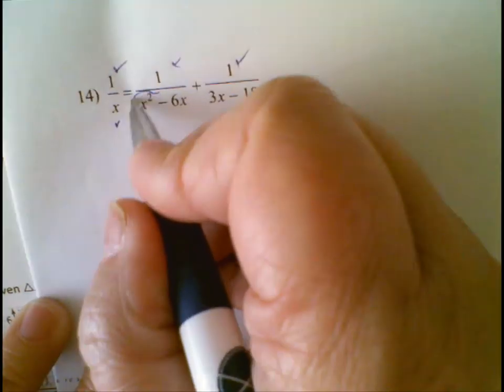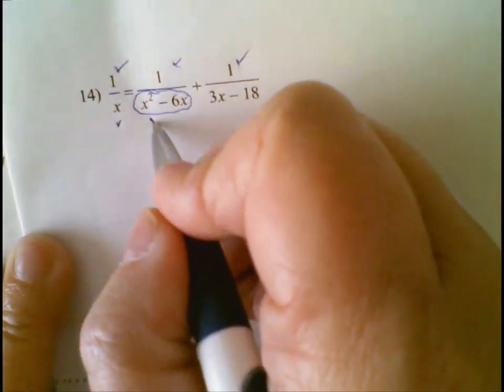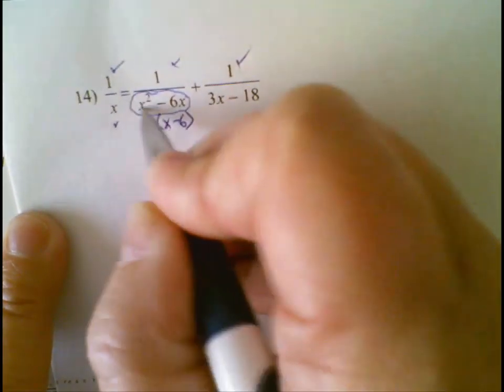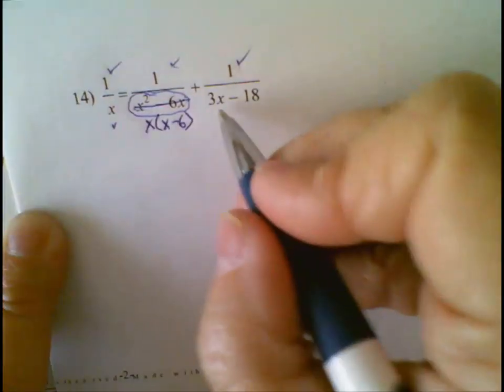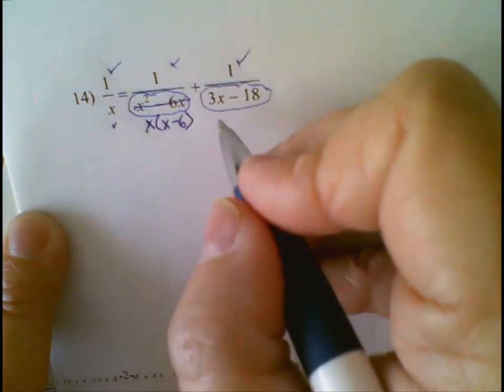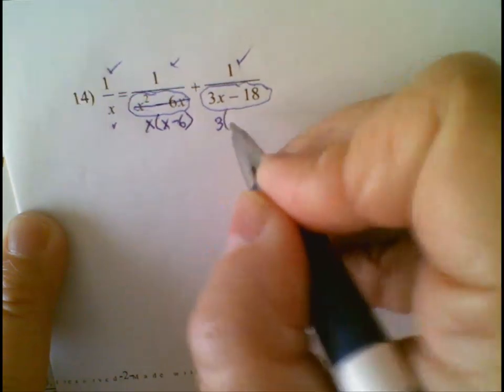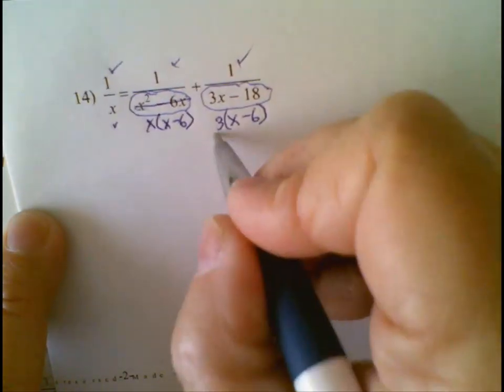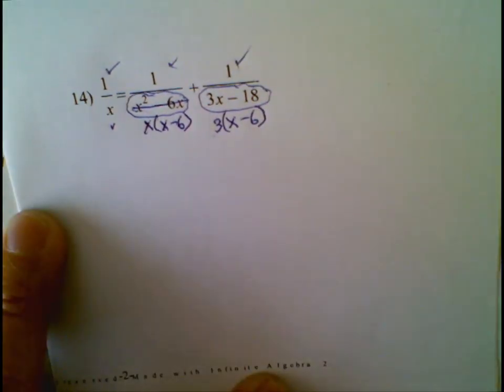But x squared minus 6x, I can factor out an x and get x times x minus 6. And 3x minus 18, I have a greatest common factor of 3. So I can pull that out, and that also gives me x minus 6, because 3 times 6 is 18.